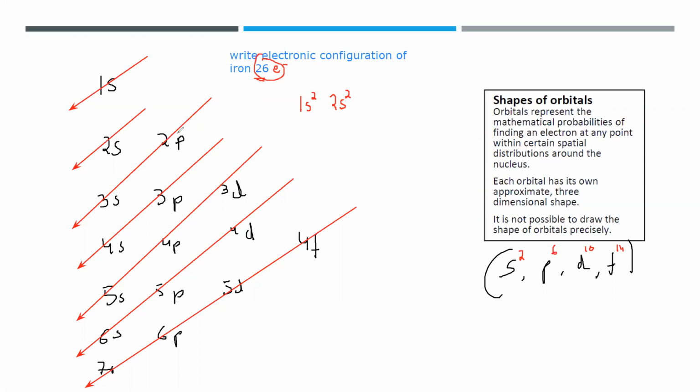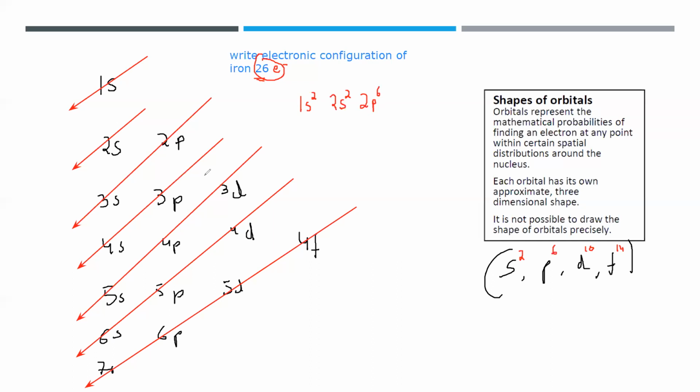Then we'll start with the third arrow. So it starts with 2p. How many electrons can p maximum hold? It can hold 6 electrons. So we write 2p6. Till now we have arranged 10 electrons.